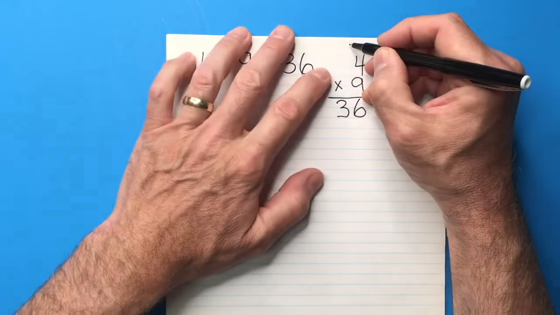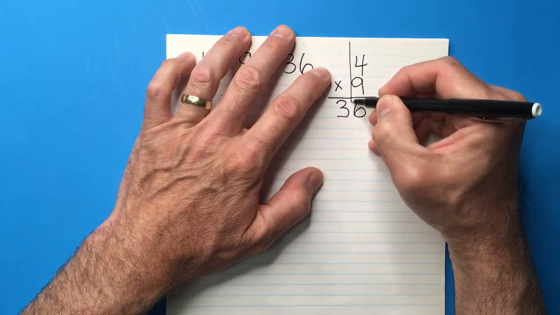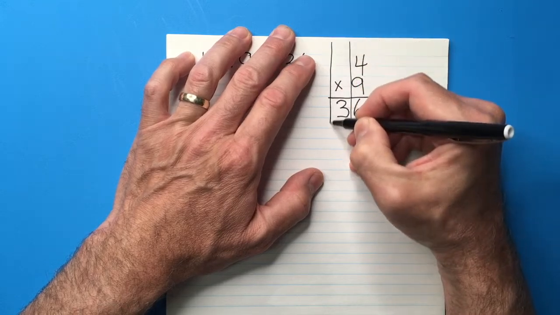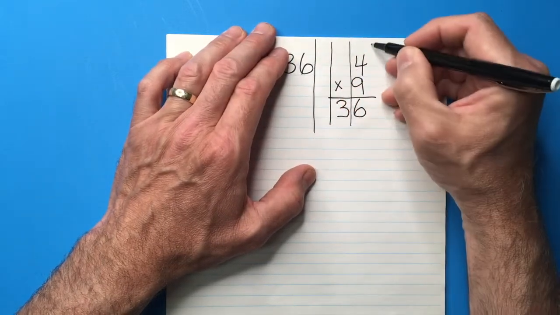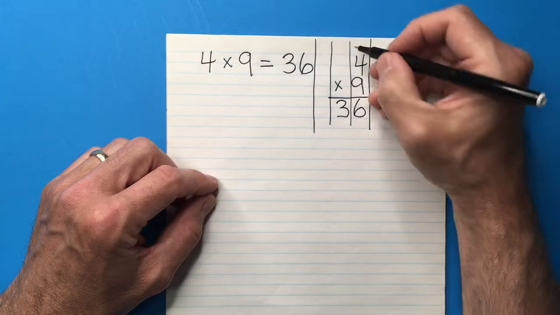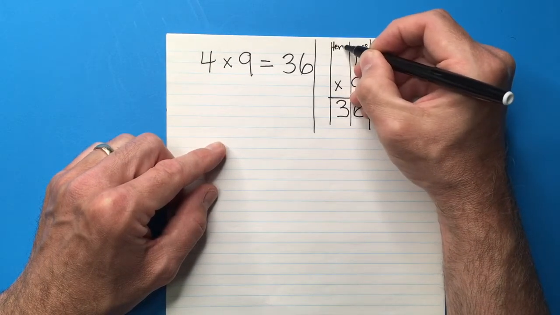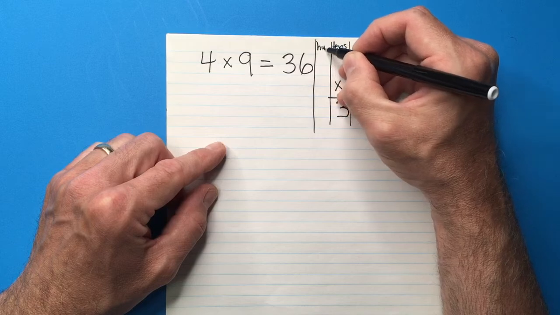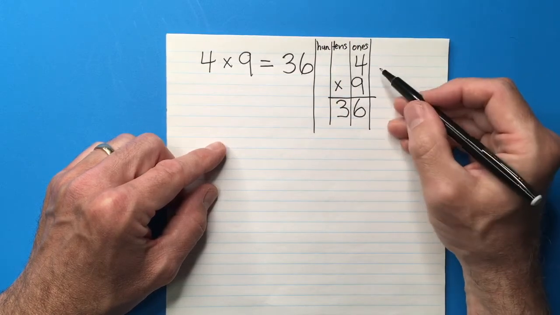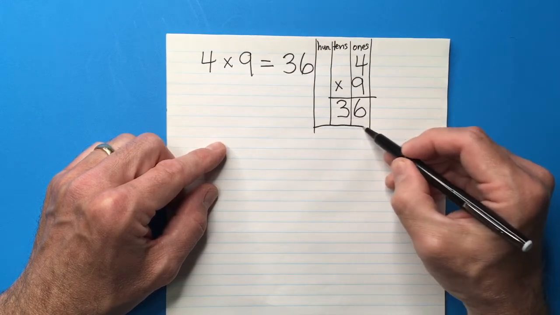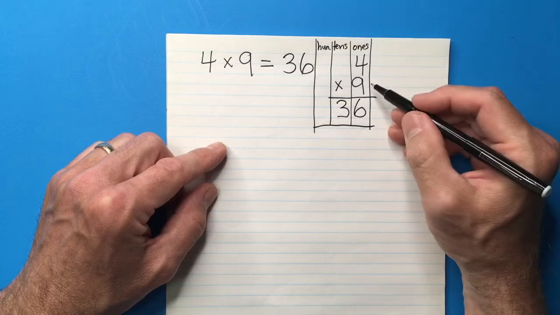It matters because you are then thinking about place value. These are the ones, these are the tens, these are the hundreds. And this is really important when you start to get into multiplying larger numbers together.